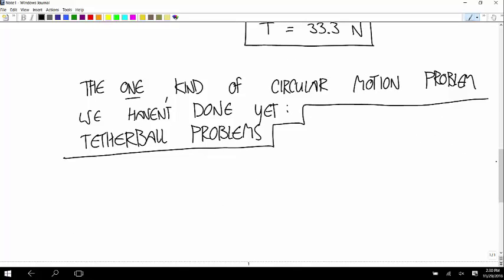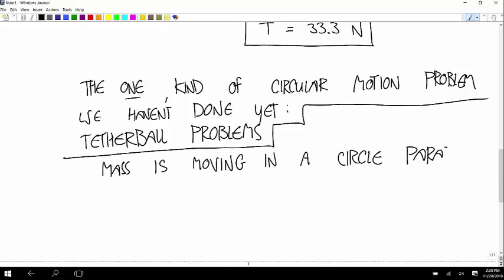And a tetherball problem is one where a mass is moving in a circle that's parallel to the ground, and it's supported only by some kind of cable.